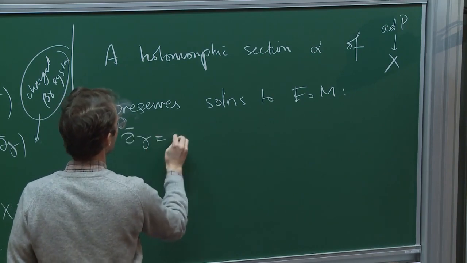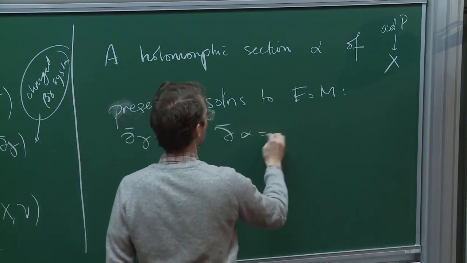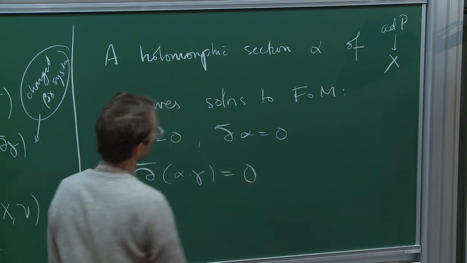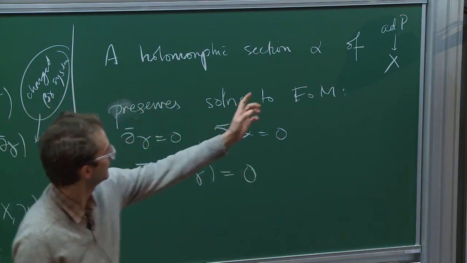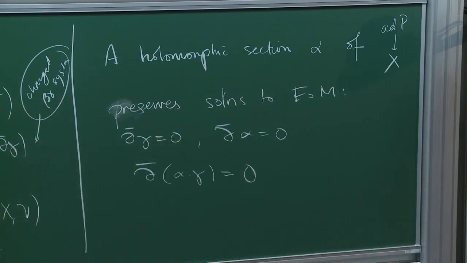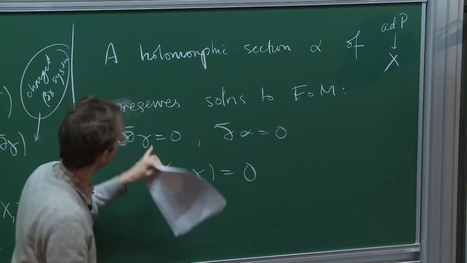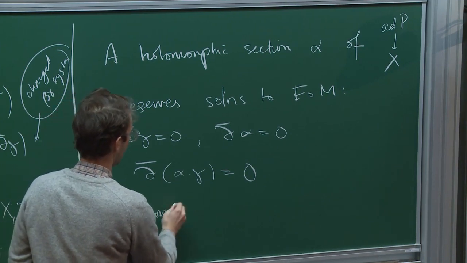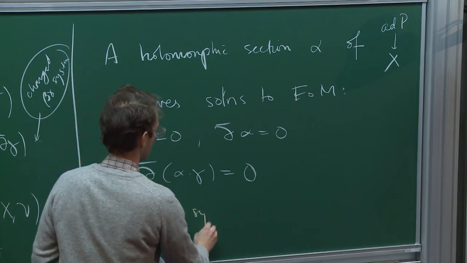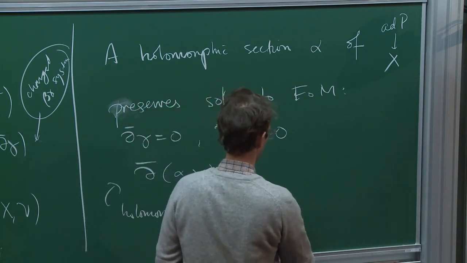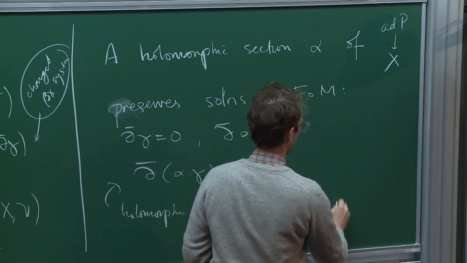If del bar of gamma equals 0 and del bar of alpha equals 0, then del bar of alpha times gamma equals 0. And this is just a point-wise action. At each point in X, you're getting an element of the Lie algebra, and you're acting on the fiber V. So this is an example. That's what I mean by a holomorphic symmetry of the charged beta gamma system.